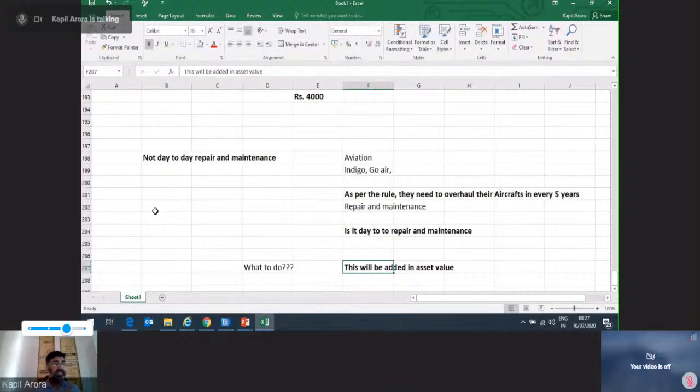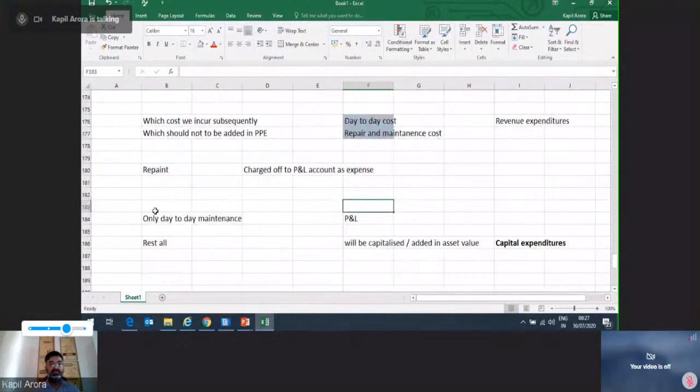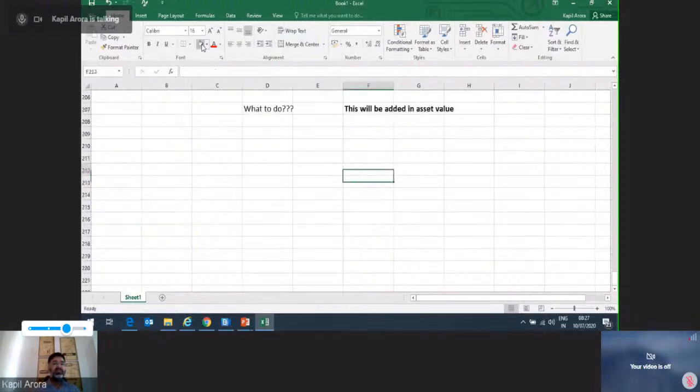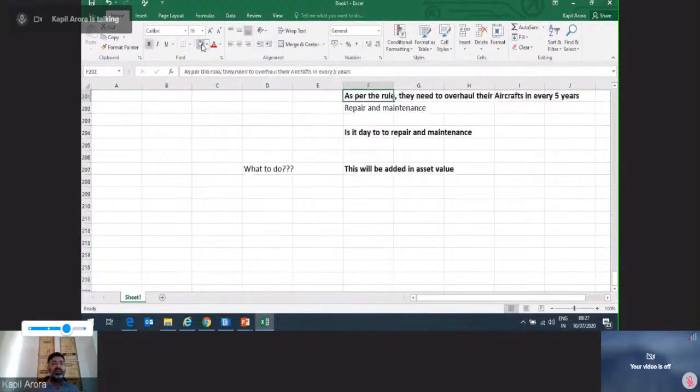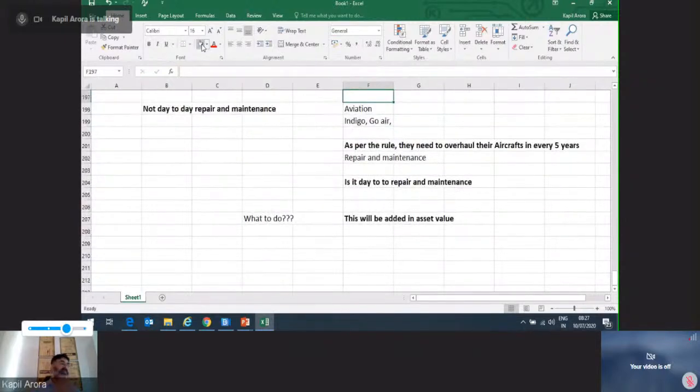I would say again, regular maintenance, which is day-to-day maintenance happening regularly over the year, we charge to the profit and loss account. But here, when it is again repair and maintenance, but not happening regularly, it is happening after every 5 years in time.